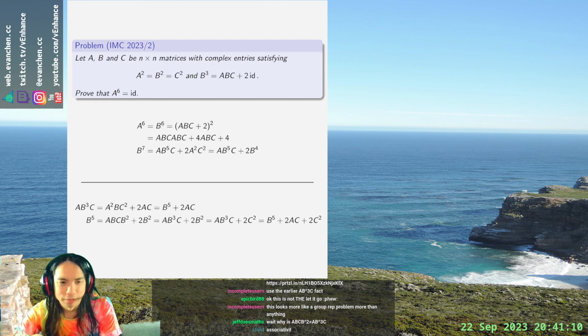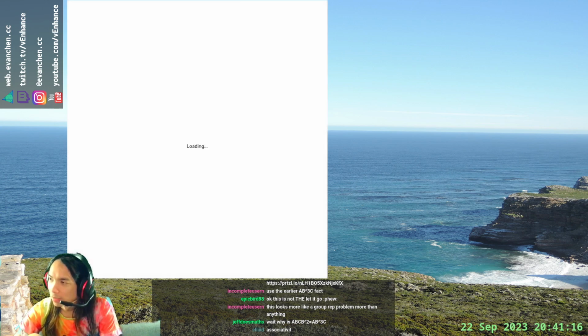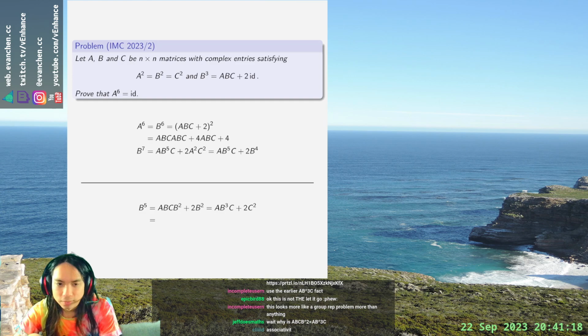Okay, let me make this self-contained. Okay, so ab cubed c is abc plus... okay, yeah, okay, manipulation.